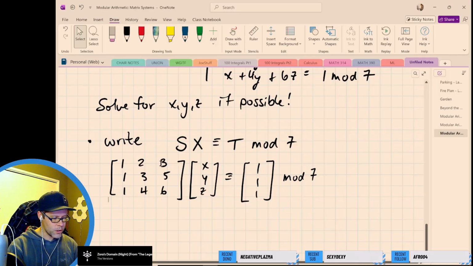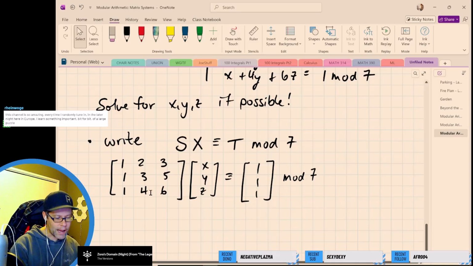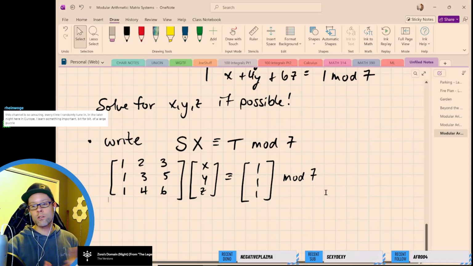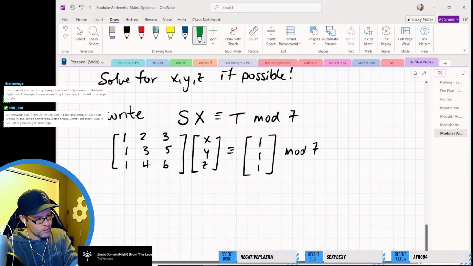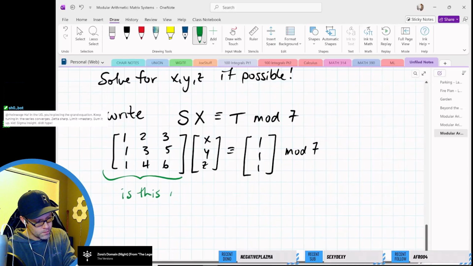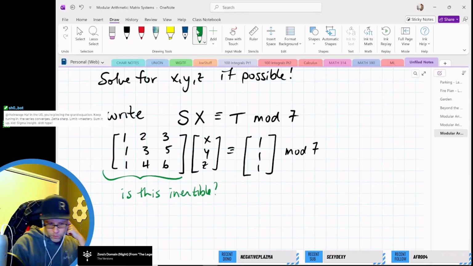So what we want to do is see if it is possible to find an inverse for S. If it is, then we can probably just take that inverse, multiply on the right-hand side by 1, 1, 1, and then we get to some kind of solution to our problem. So our question is, is this invertible? Well, what do we need?